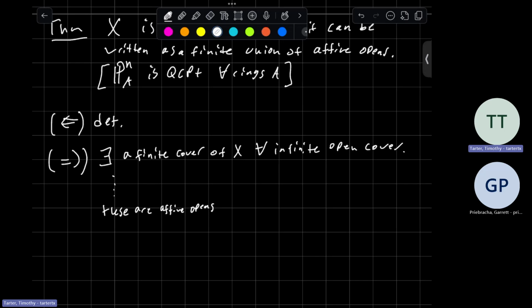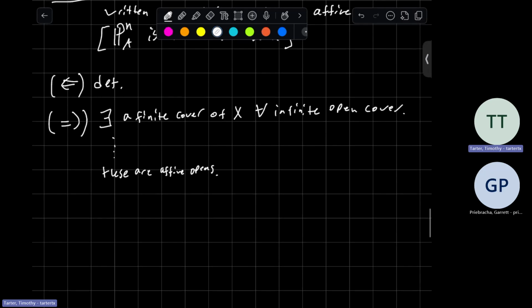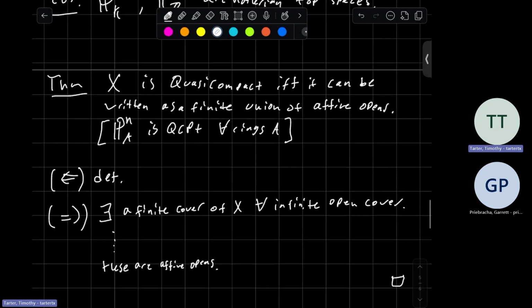In the case of projective and quasi-projective, it's by construction, and in the case of actual affine schemes, it is just the case. So yeah.